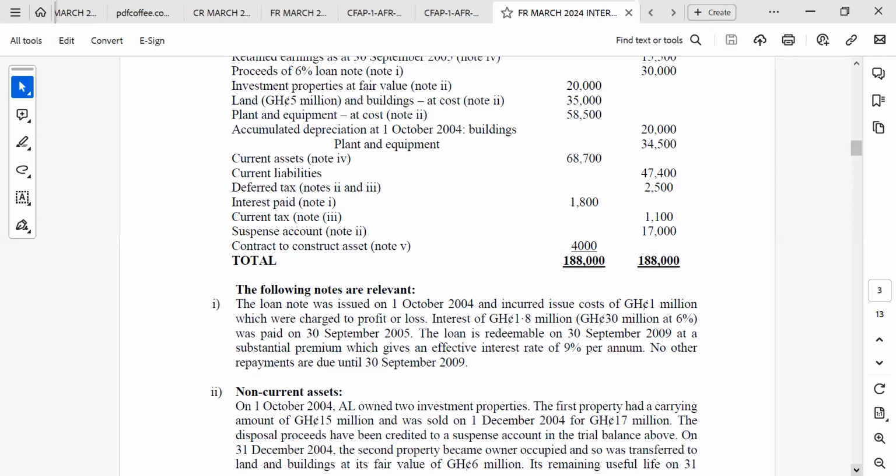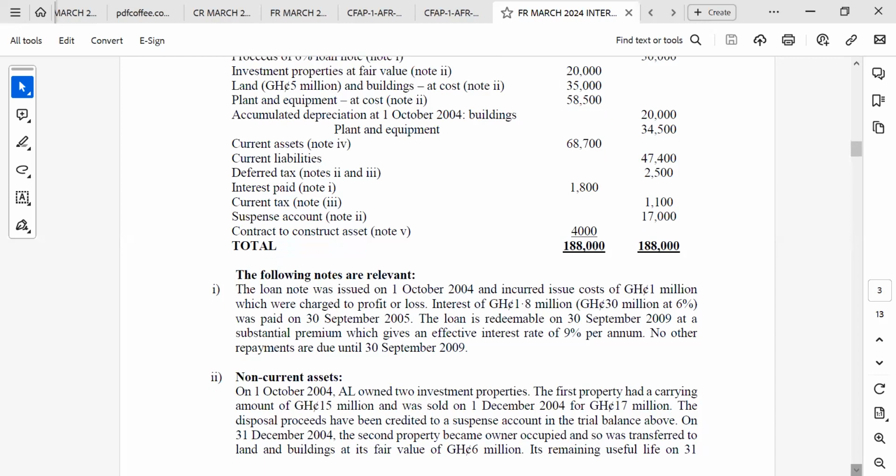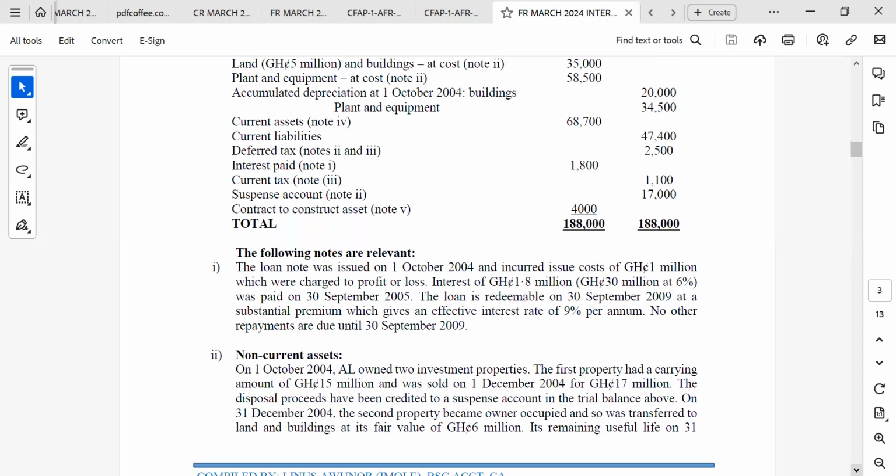On 1 October 2004, AL owned 2 investment properties. The first property had a carrying amount of 15 million cedis and was sold on 1 December 2004 for 17 million. The disposal proceeds have been credited to a suspense account in the trial balance above.